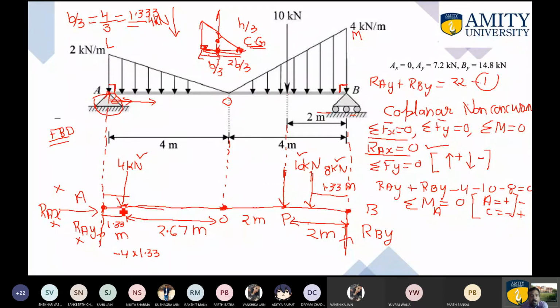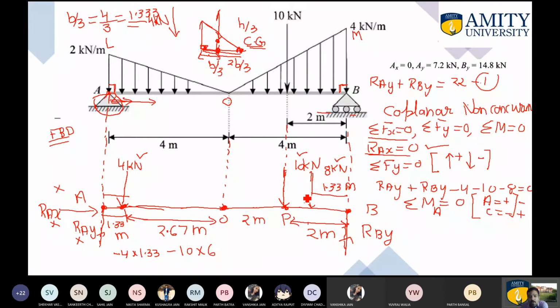After that, you are required to move to force number 2, which is this one, 10. Now the perpendicular distance, as you can observe, this whole distance is 4. This is 2, so the distance will be 6. It will again move in the clockwise direction, so minus 10 into 6. After that, this is the 8. Again, it will try to rotate in clockwise direction. Now the total distance up to this particular point is 6.